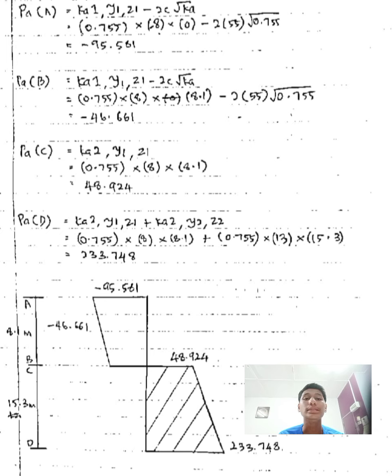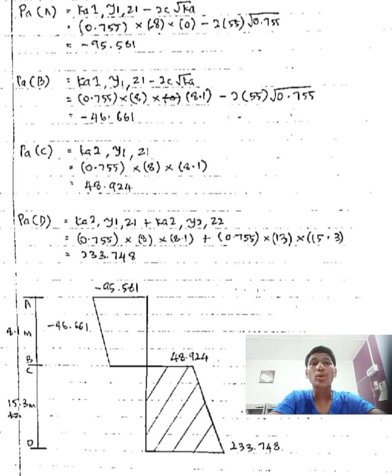So 0.755 times 8 times 8.1 plus 0.755 times 13 times 15.3. The total is 233.748.